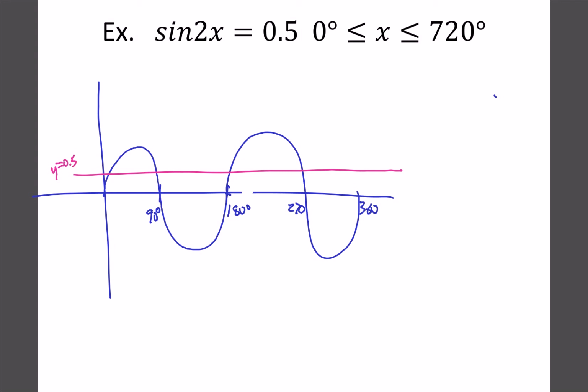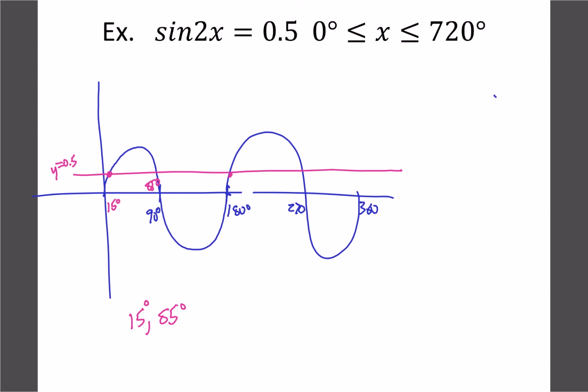So in this case we would get 15 degrees, and the next one's just under 90, at 85 degrees. So we have 15, 85, go to the next two.